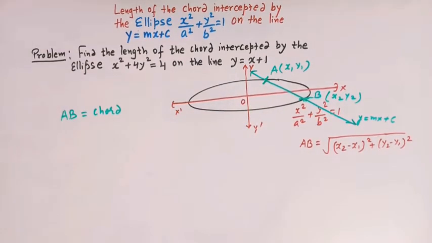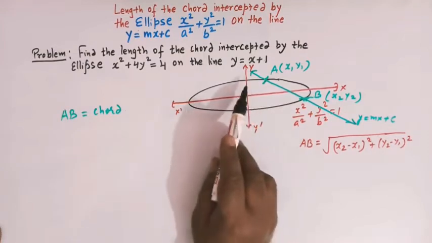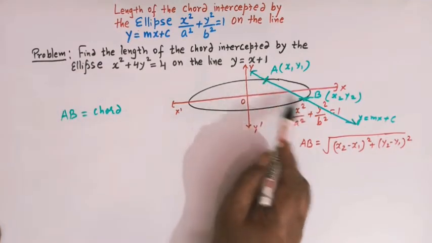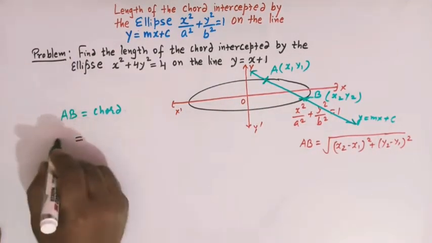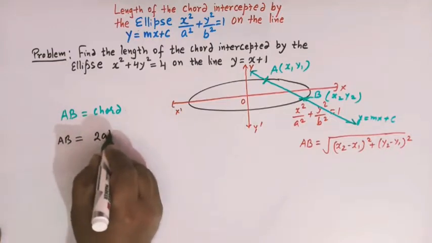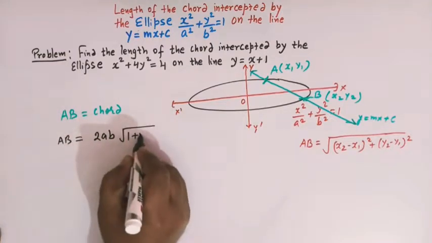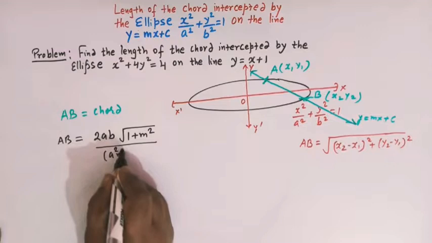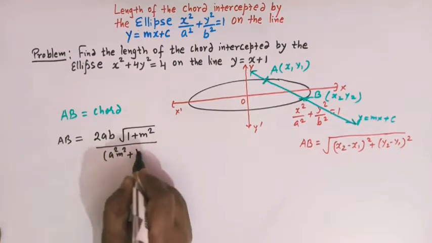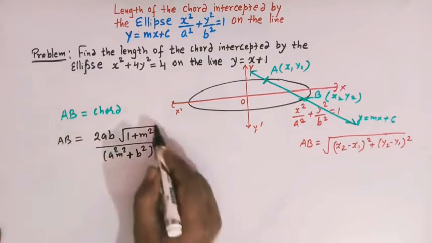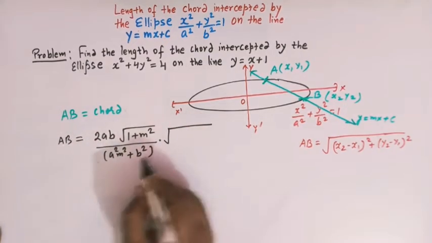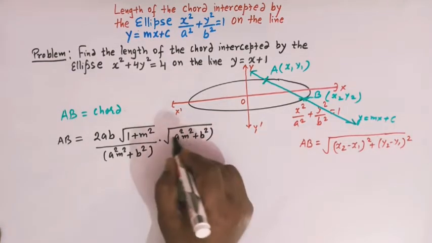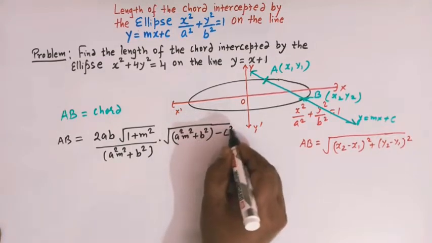The direct result to find the length AB of this chord is 2ab times the square root of 1 plus m square, divided by a square m square plus b square, multiplied by the square root of a square m square plus b square minus c square.